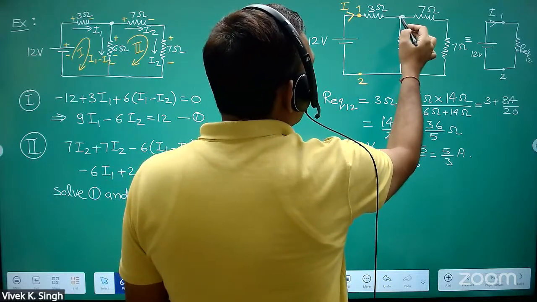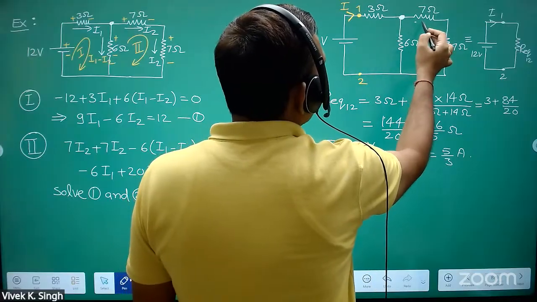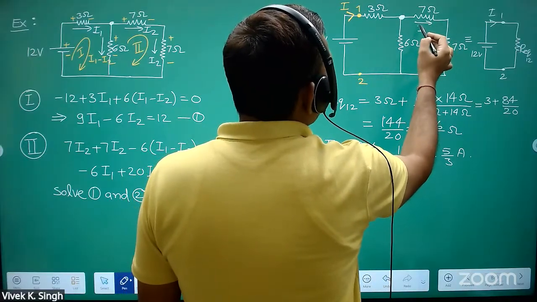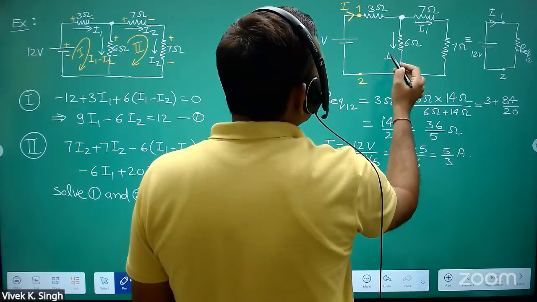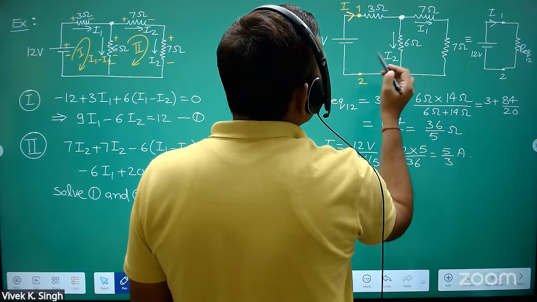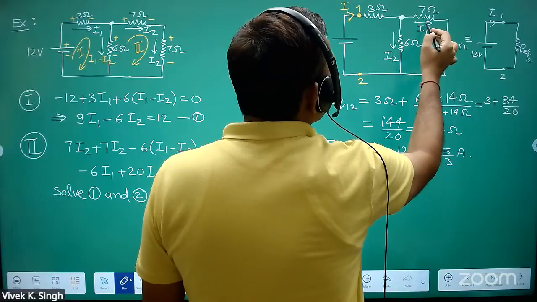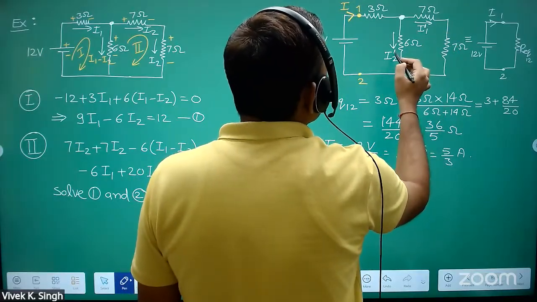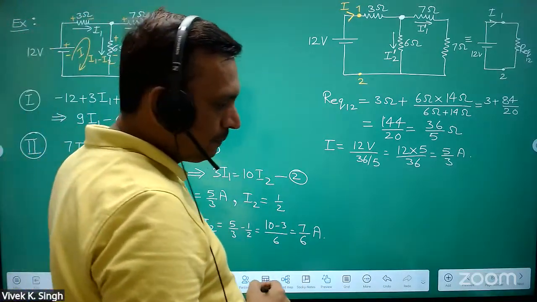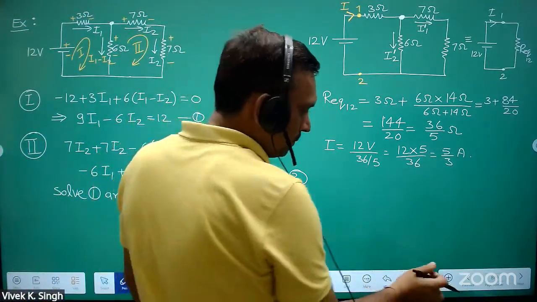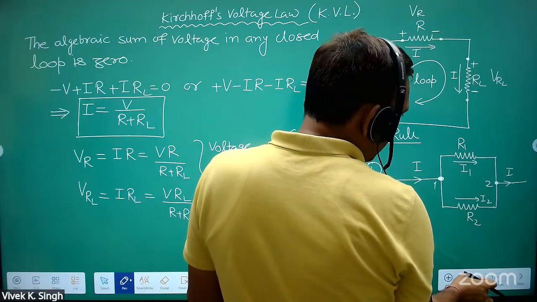Now this current is I. Let's divide current I into 2 parts. This is I1 and this is, let's say, I2. Or let's take these as I1 dash and I2 dash. So now what is current division? I have already discussed the current division rule.